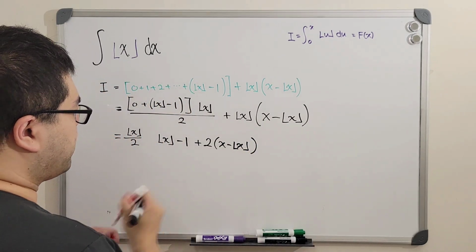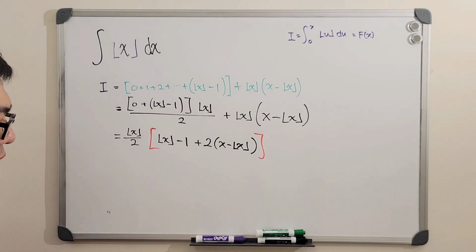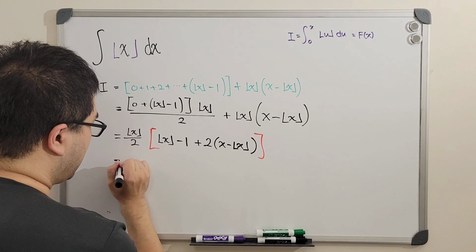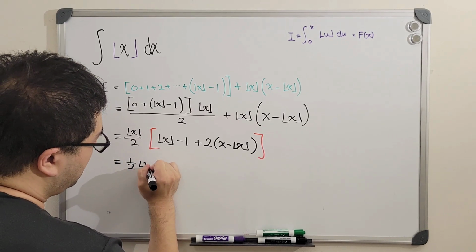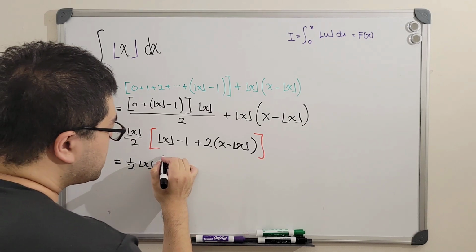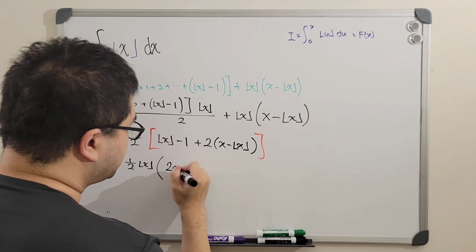And now don't forget, we actually need to put brackets here. And now we just need to simplify everything in the bracket and obtain that. In fact, we can actually write as 1/2 times this times, well, we actually have 2 times x here, so we get 2x.